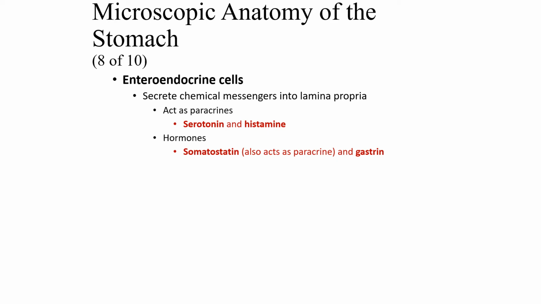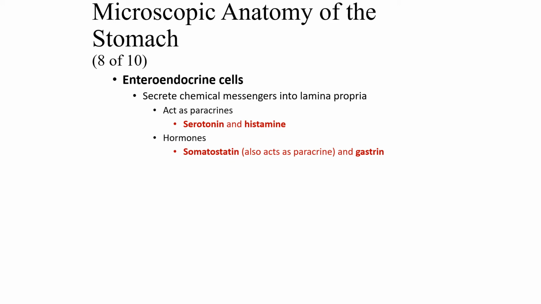So the two paracrines are serotonin and histamine. We'll talk about their functions in a few minutes. The hormones, somatostatin, which can act as a paracrine in this case, and then the other hormone is gastrin.